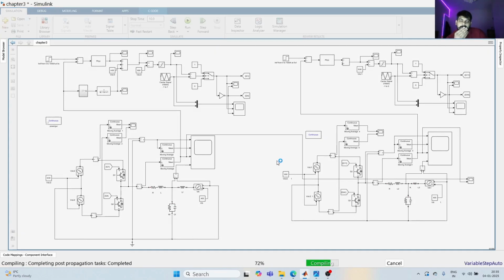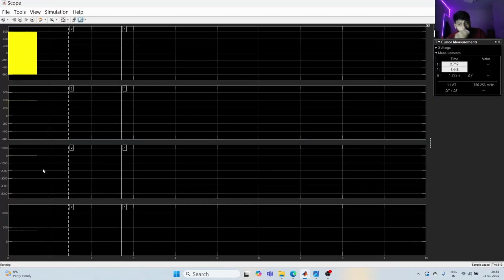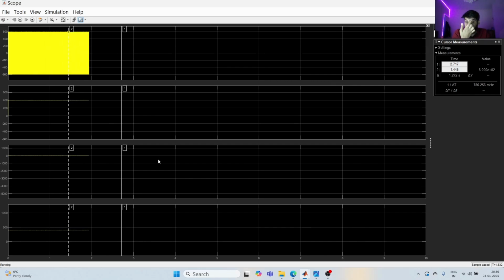Let's see what happens. Yeah. So our initial transient has been removed now, has been mitigated now, and let's see how our system behaves at the step change.